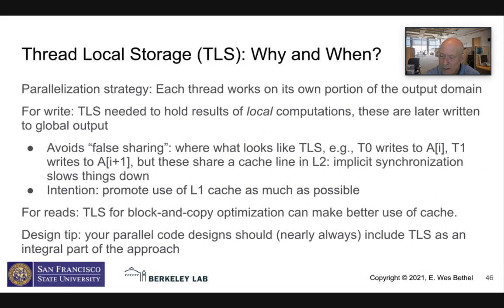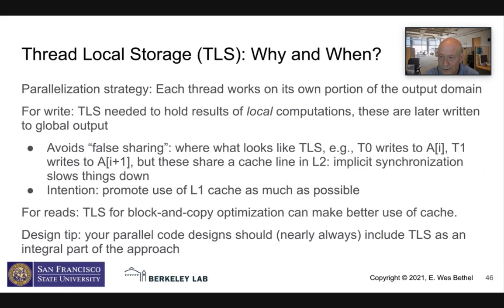So why and when do you need thread local storage? Recall, we're thinking about this in terms of each thread working on its own portion of the output domain. For writes from your program, the computations that you do, you're going to want thread local storage to hold the results of those local computations, which are then later written into global output.